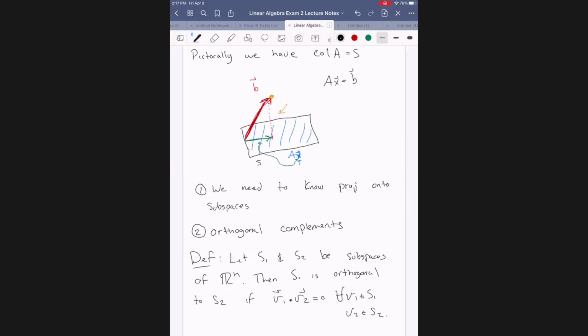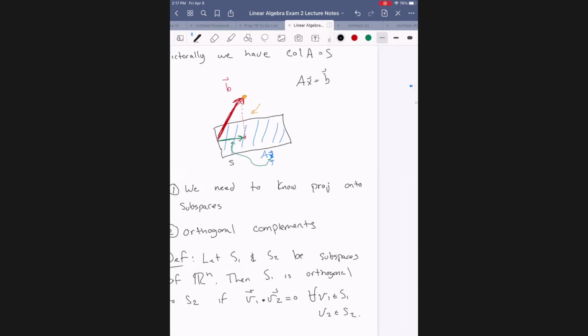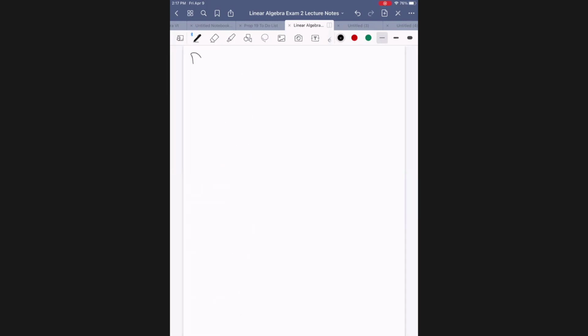The next thing we need to define is the orthogonal complement. Let S be a subspace of Rn.